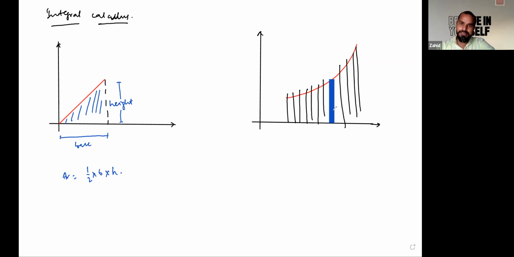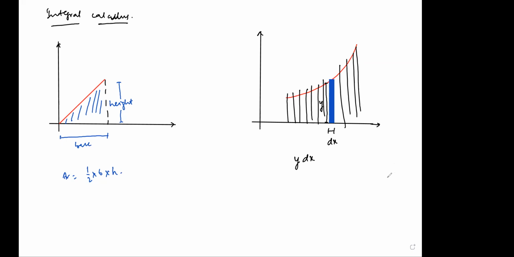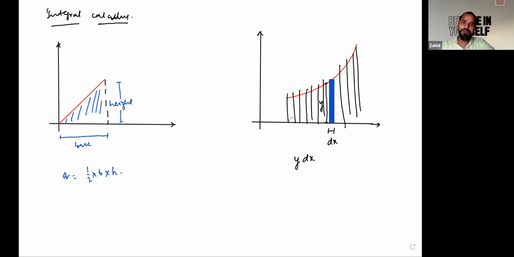Let's say this strip has a width from this point to this point as dx, and a length from this point to this point as y. So the area of this strip would be y times dx. Is it fine? Yes, sir.